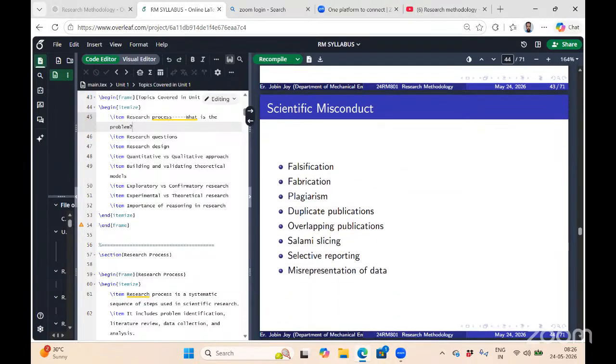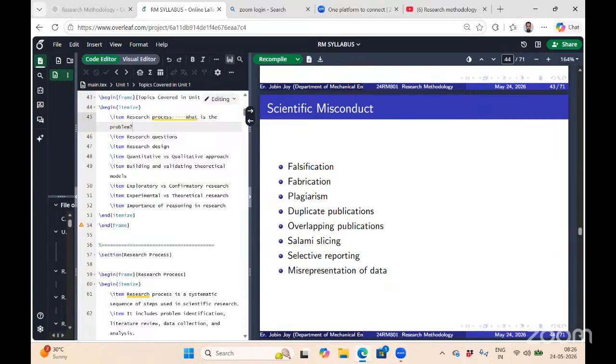Scientific misconduct. These are unethical practices, these are violations. This will reduce the reliability and public trust in scientific research.